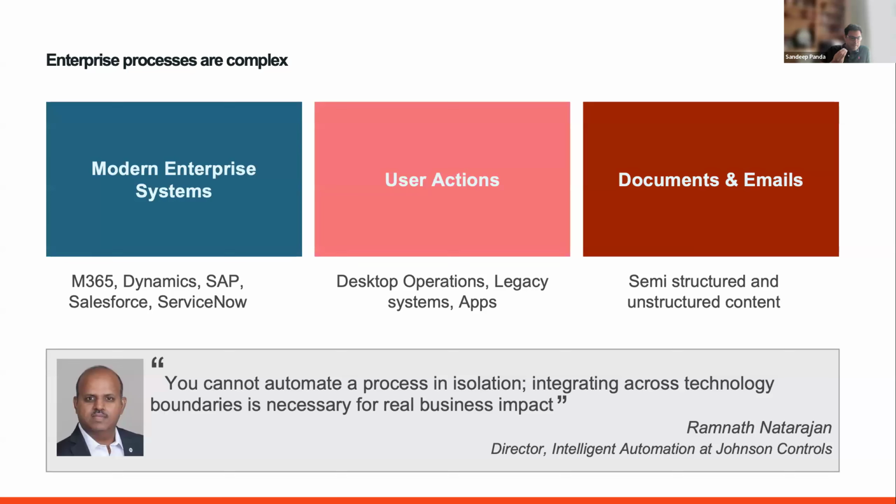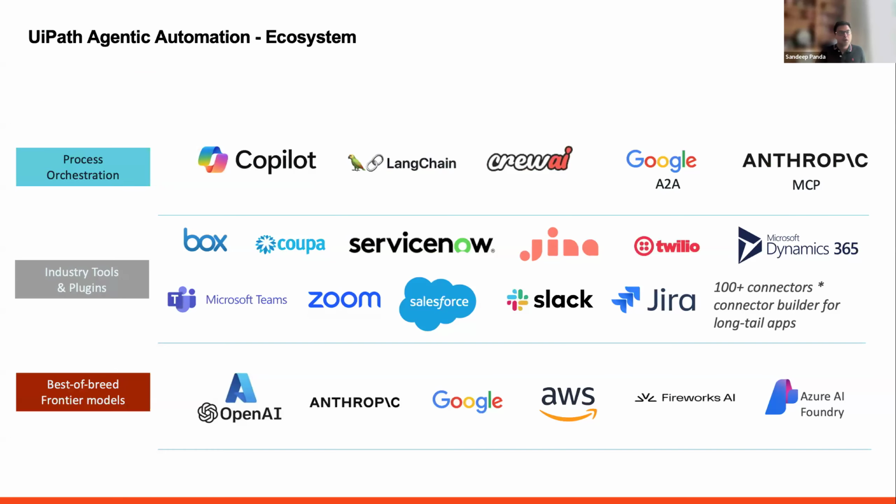And this is a sentiment, I quote him on this, that we have formed our ecosystem strategy around. So let me talk about how UiPath looks at our agentic ecosystem or platform ecosystem overall.